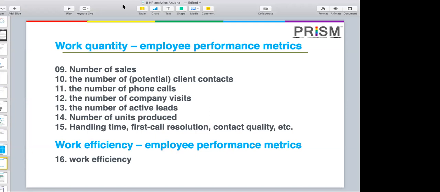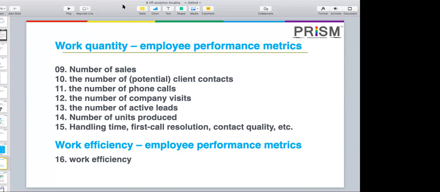But when I talk about efficiency, it is about your work efficiency, which talks about the employee performance metrics. So when I say sales, that is the number of sales, which is easy to pinpoint in the form of employee output. I will not do a deep dive into it, because we all have been doing it.